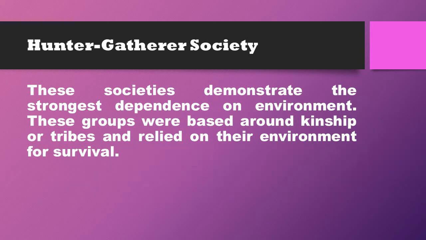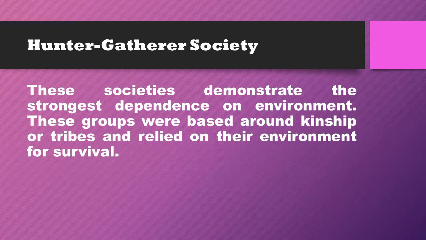Hunter-gatherer societies demonstrate the strongest dependence on the environment of the various types of pre-industrial societies. Why? It is because hunter-gatherers are mainly relying on the surroundings for their survival. So, 10,000 to 12,000 years ago, people were just hunting wild animals and foraging for uncultivated plants for their food.